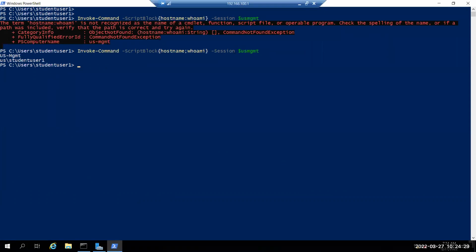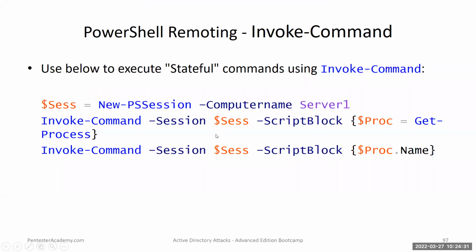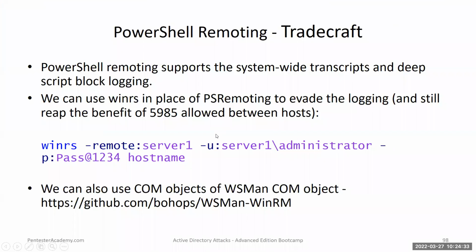All right. However, PowerShell remoting supports system-wide transcripts and deep script block logging. That is, the reasons why we are calling PowerShell from InvisiShell also apply to PowerShell remoting. So is there a way out? We can actually use WinRS in place of PS remoting to evade the logging.